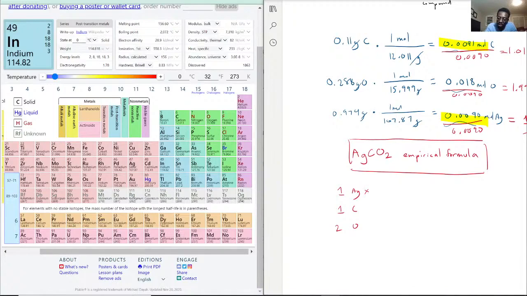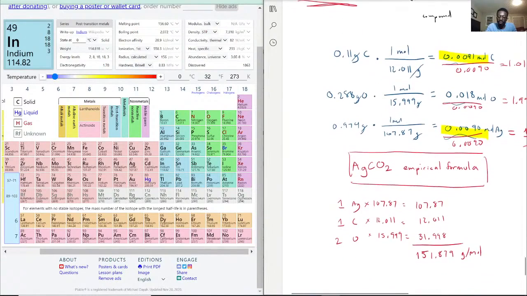So it's 107.87, plus 12.011, plus 2 times 15.999, which is 31.998, and then we add them together. 151.879 is what we get, in grams per mole.